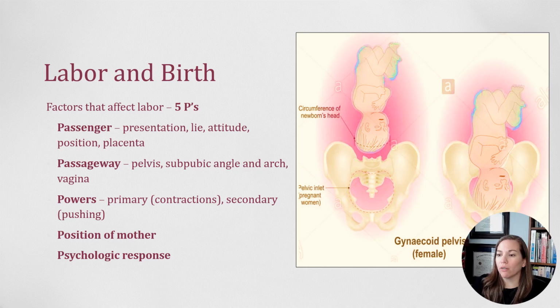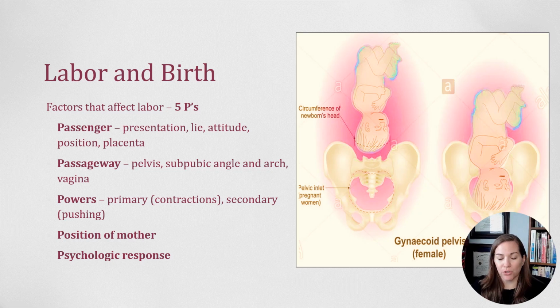So passenger, of course, refers to the baby itself and all the factors that go into that. Passageway is the pelvis, the pubic arch, the angle there, the vaginal opening. The powers are the forces behind the process of labor, which are contractions and pushing.